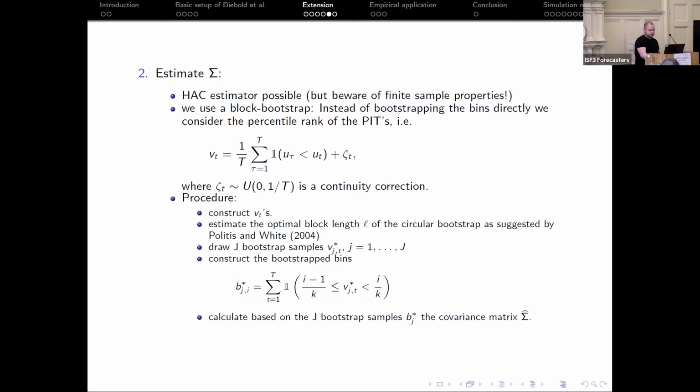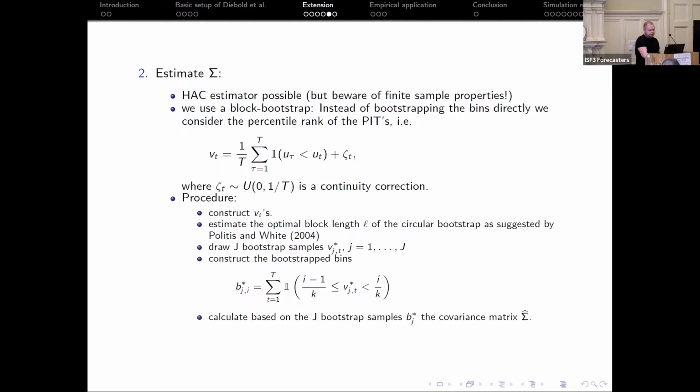And basically the best procedure we found here, we use the percent rank of the PITs, and in this way we basically enforce that the expected value of all bins is exactly 1/k.